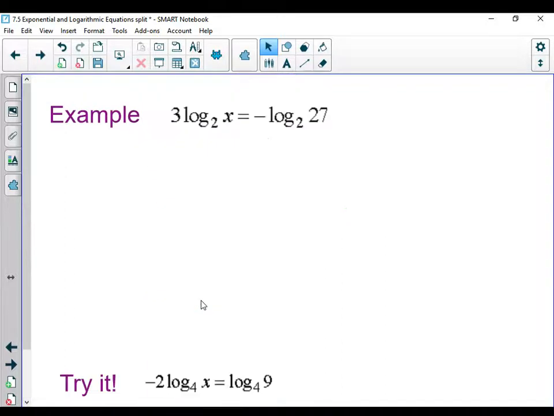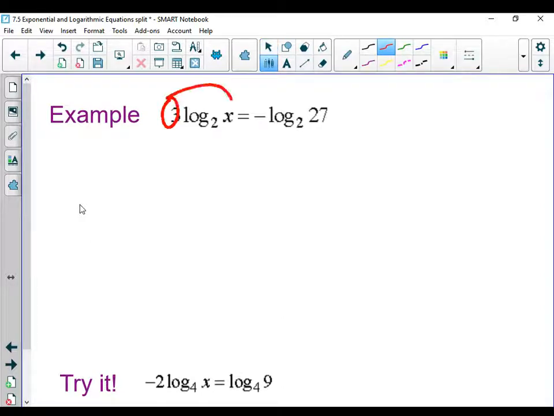So let's look at the first one. All right, so if I bring up my exponents, I'm going to treat this as a -1, too.